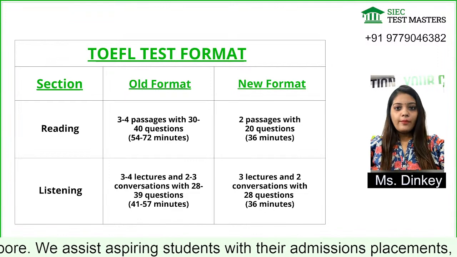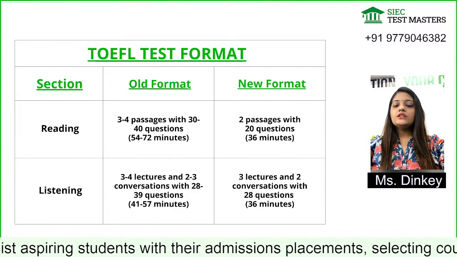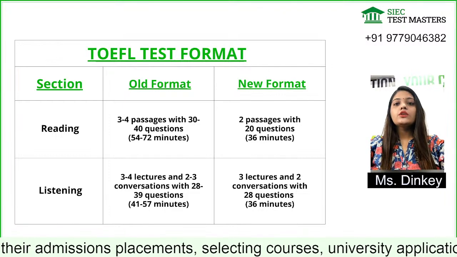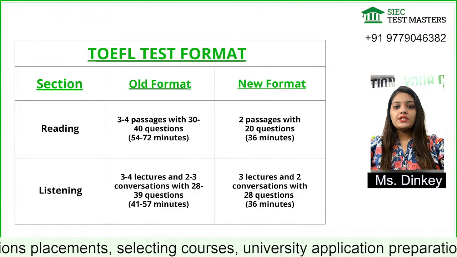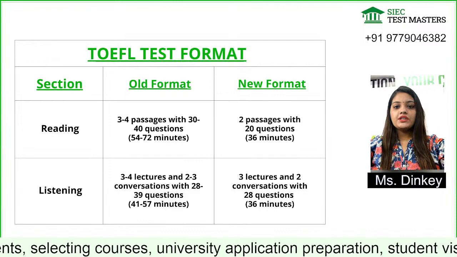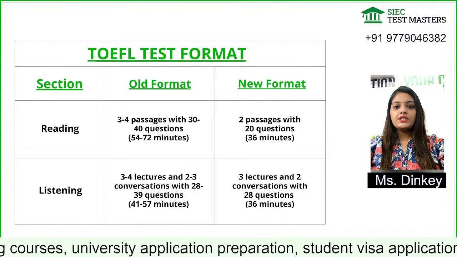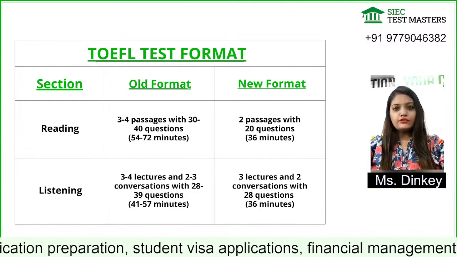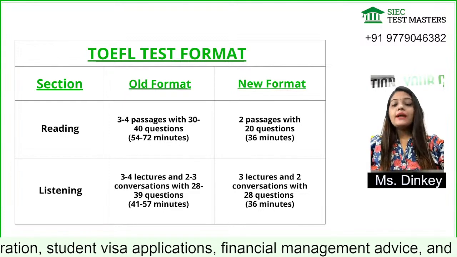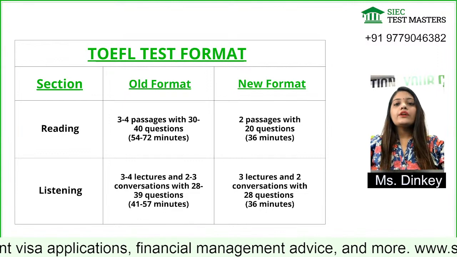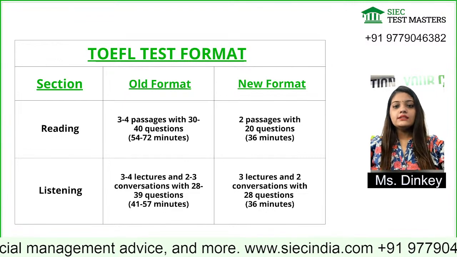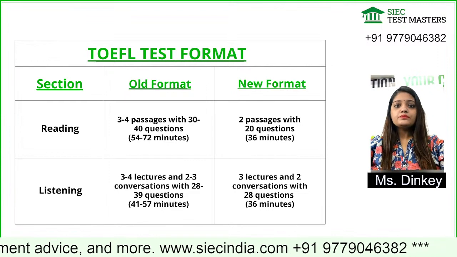But as for the new format, there will only be 3 lectures and 2 conversations. It means there will be a total of 28 questions, and students get 36 minutes. Now, the main difference is, as per the new format, one experimental question, that is the unscored question, has been eliminated from the reading as well as the listening sections.